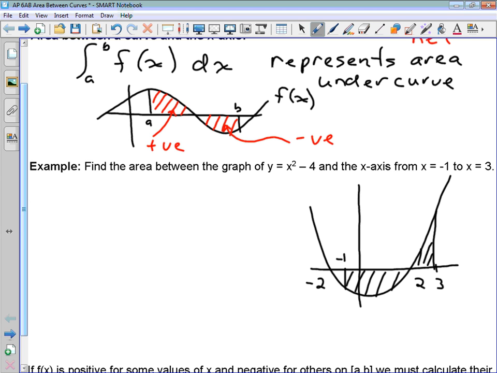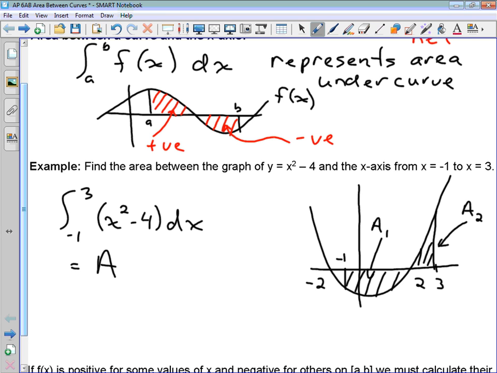So if we just did our integral from -1 to 3 of f of x, x squared minus 4 dx, this would give us, if we call this area over here area 1, the part underneath the x-axis, and the second part over here, a2, the part that is above the x-axis, the difference between a2 and a1.